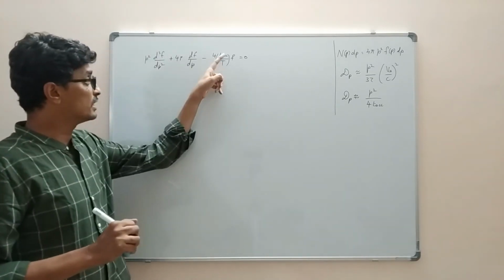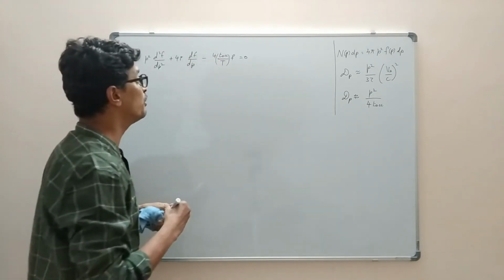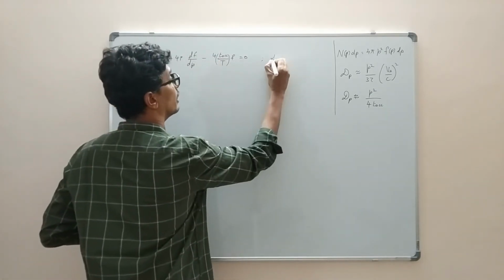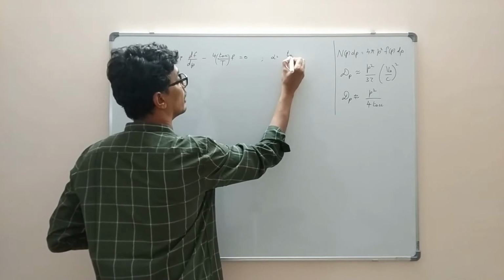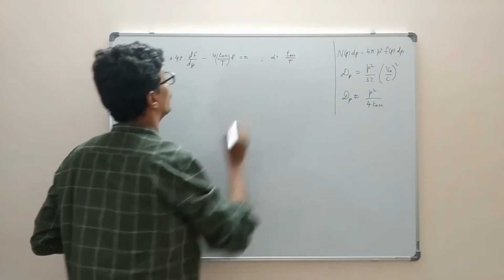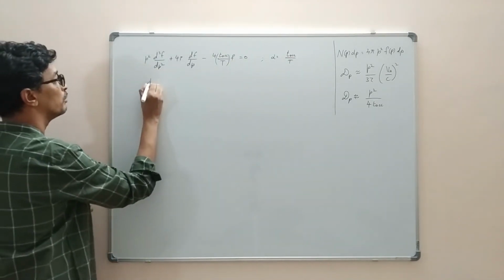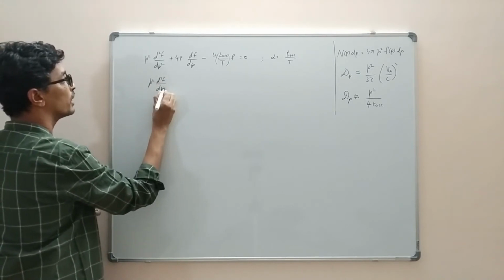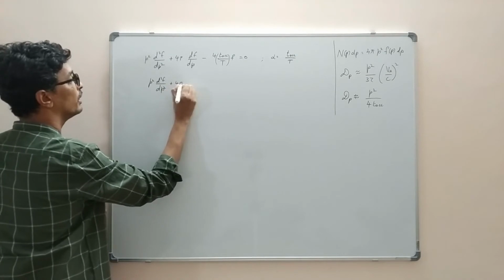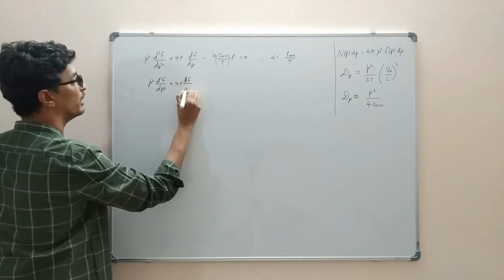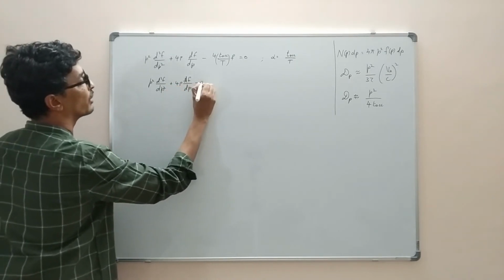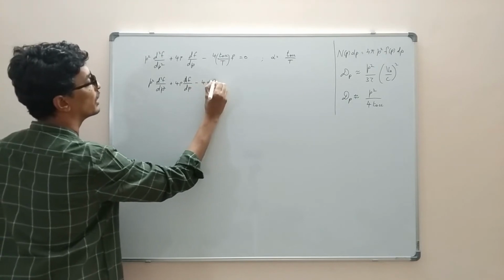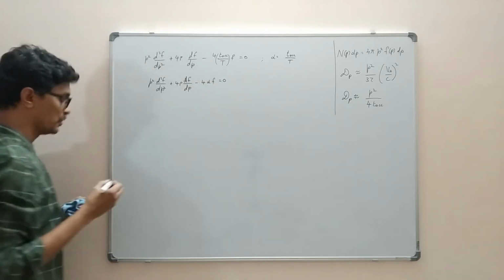So this ratio of these two time scales, let me write it as alpha. Then this equation is going to be P square d square F by dP square plus 4P dF by dP minus 4 alpha F is equal to 0.